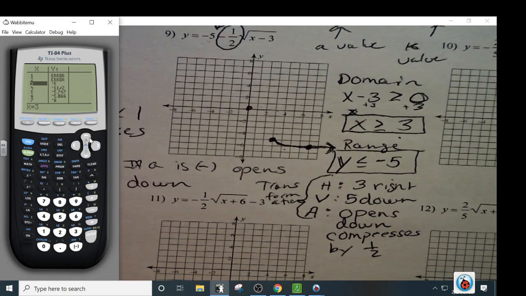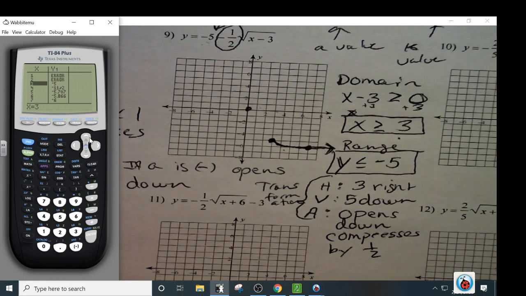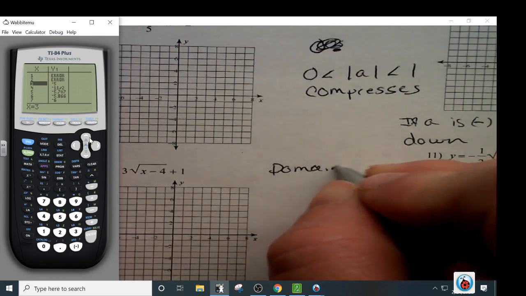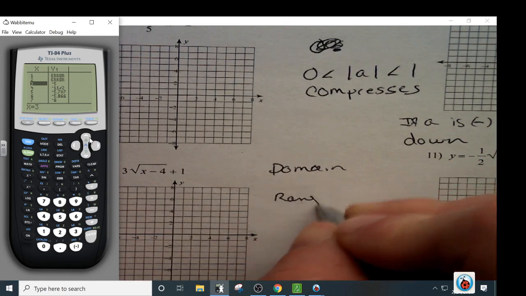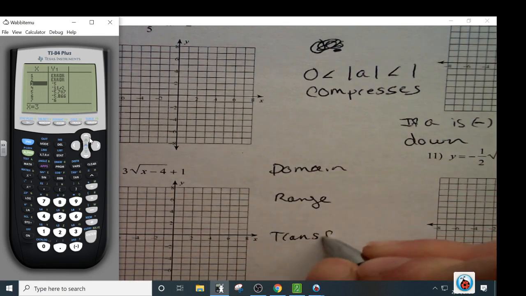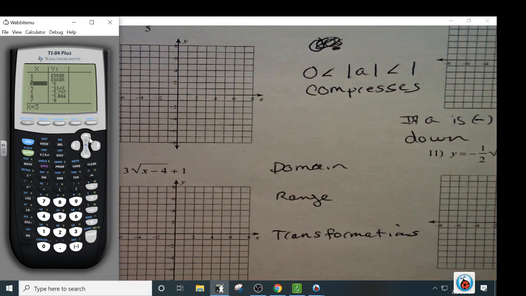All right, guys, you can go ahead and get started. Do number 6. See if you can do number 6 and give all the transformations and stuff. Give the domain, range, and transformations, and see how you can do.